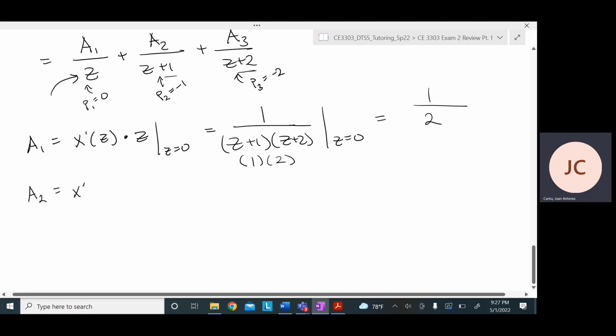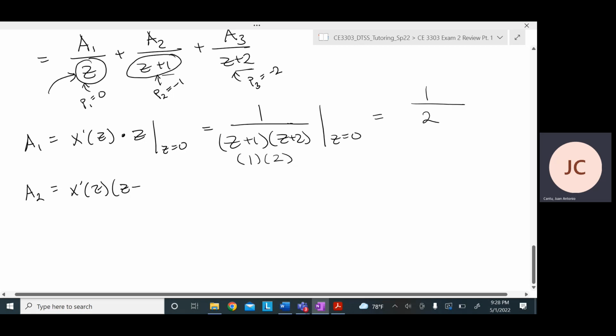All right, now let's find our a sub 2. To get a sub 2, we multiply x prime of z times z minus our pole. And these terms are z minus our pole. So if you notice, this is z minus 0, this is z minus -1, which is z plus 1. We do z plus 1, and we'll evaluate it at our pole. So z is equal to -1.